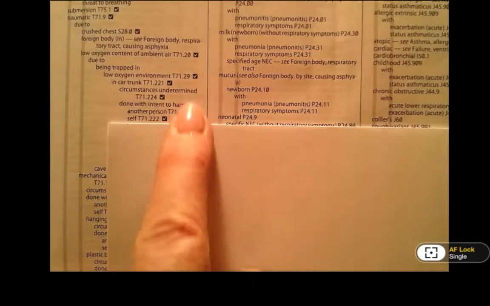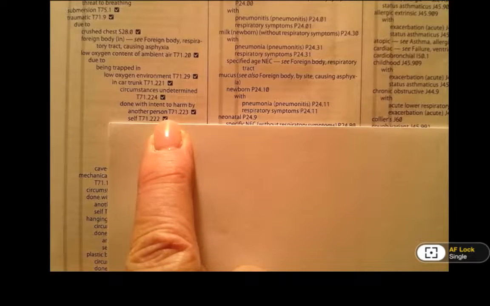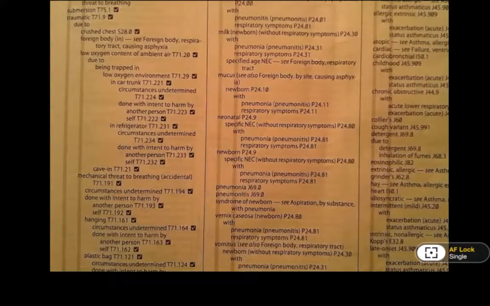So we're under asphyxiation, traumatic, due to low oxygen content of ambient air due to being trapped in low oxygen environment in a car trunk, circumstances undetermined, done with intent to harm by another person or self. So see how many times that content was indented before you finally got to your final code. So being able to follow that, using some tool to be able to follow that so you don't get confused. That's one thing I wanted to show you.